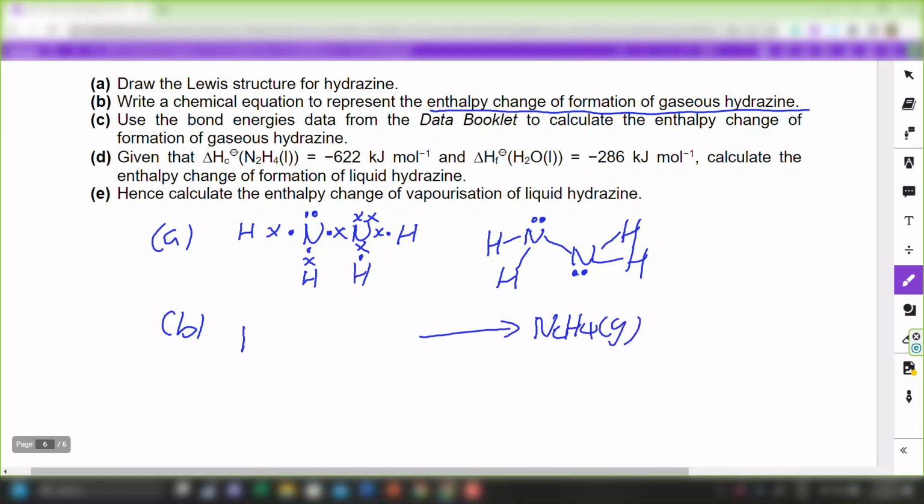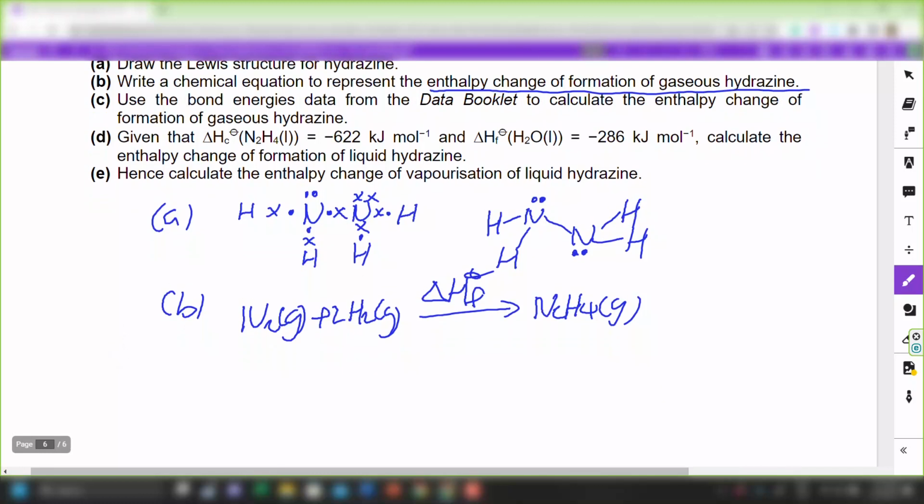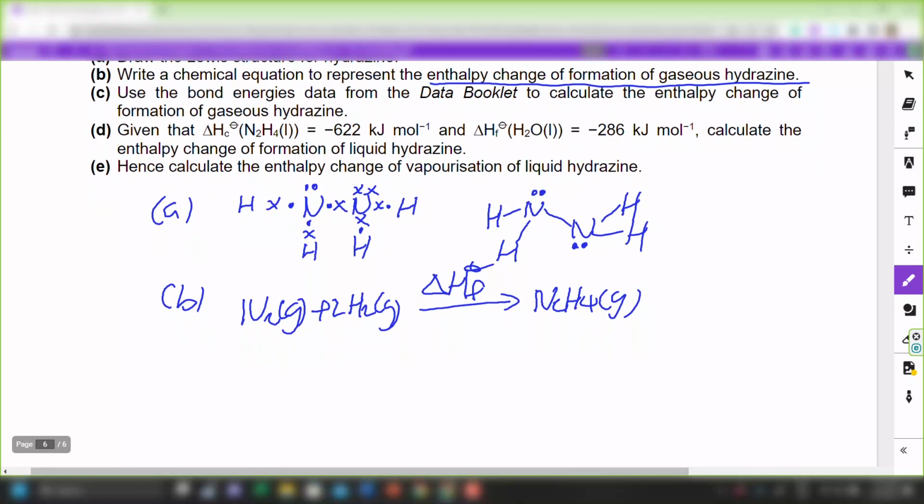That will involve 1 equivalent of dinitrogen and 2 equivalents of dihydrogen. This is defining the enthalpy change of formation of gaseous hydrazine. Then use the bond energy data from the data booklet to calculate the enthalpy change of formation.